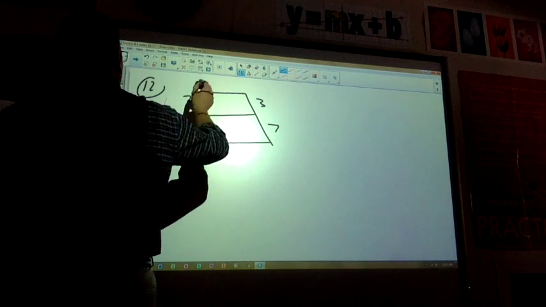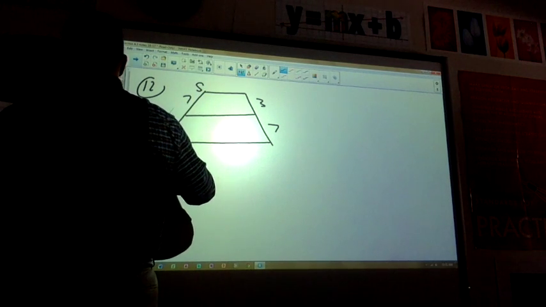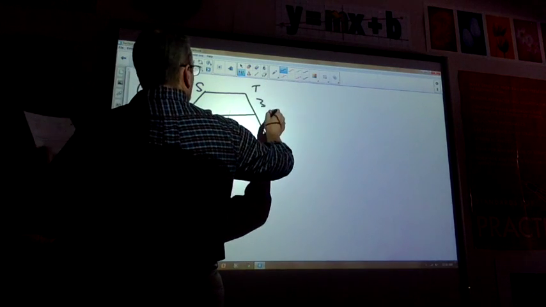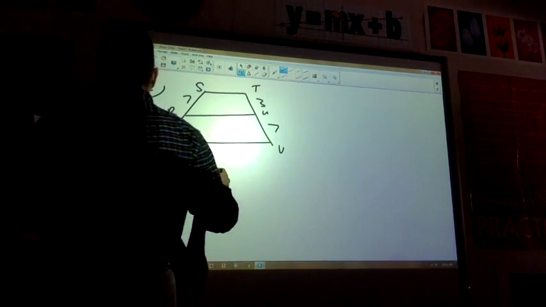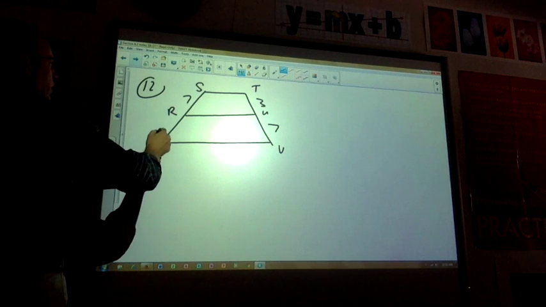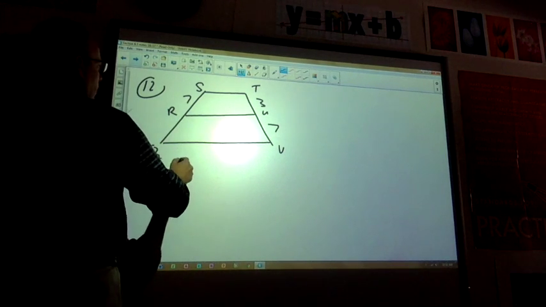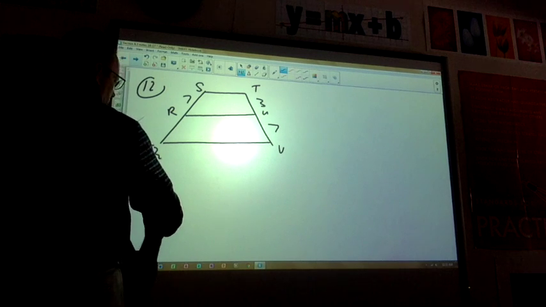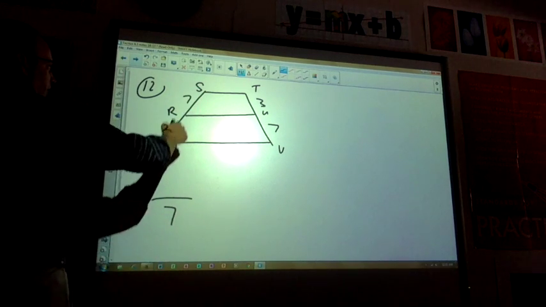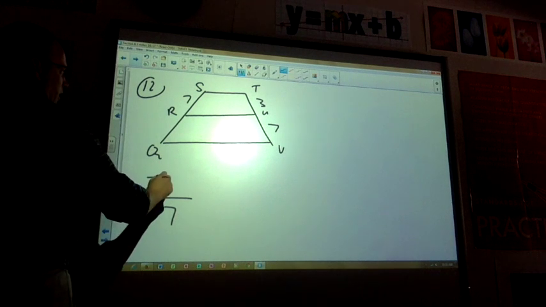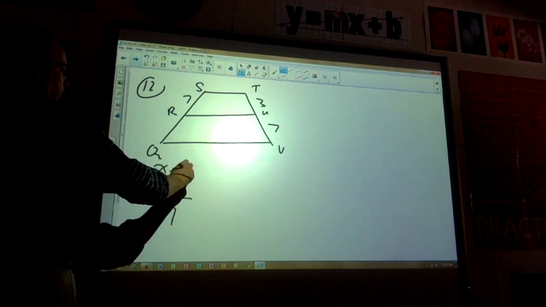All right, so that's S, that's Q, that's R, that's QV. So they tell us that SQ over SR. So SR is 7, SQ has to be 7 plus, or let's do this, X minus 7.